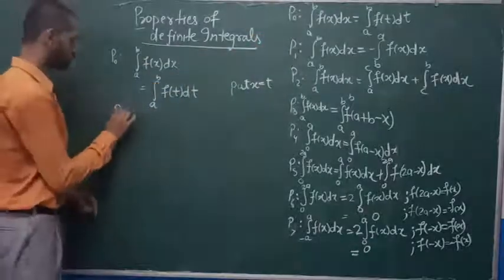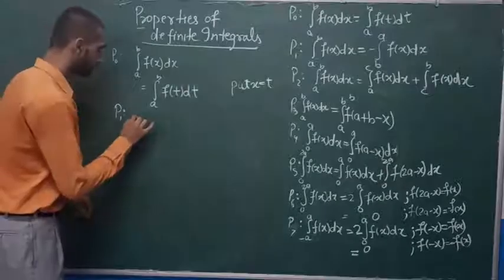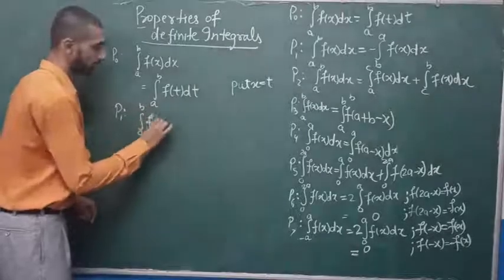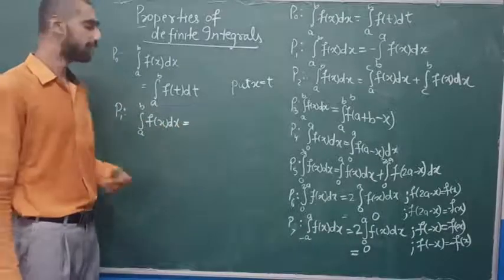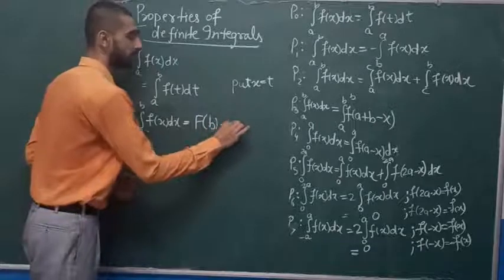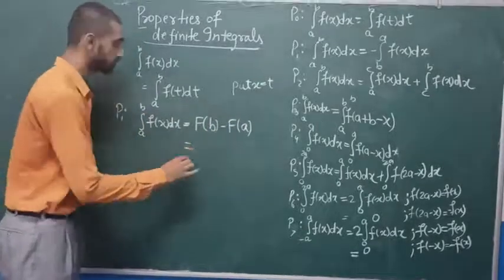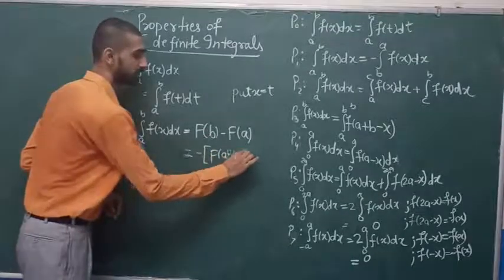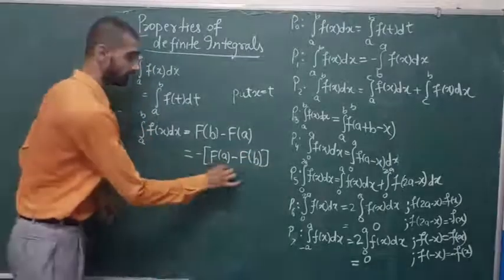Now let's move to P1. Let me solve the LHS. Integral A to B fx dx. After solving the definite integral, I will get fb minus fa. I will take minus common, so minus (fa minus fb), and what is the value of this?